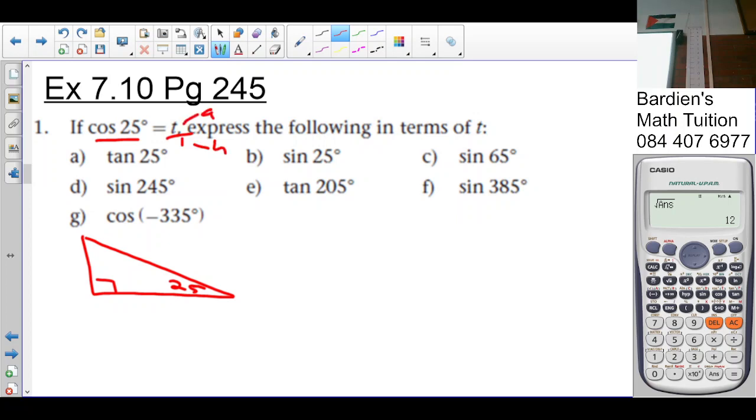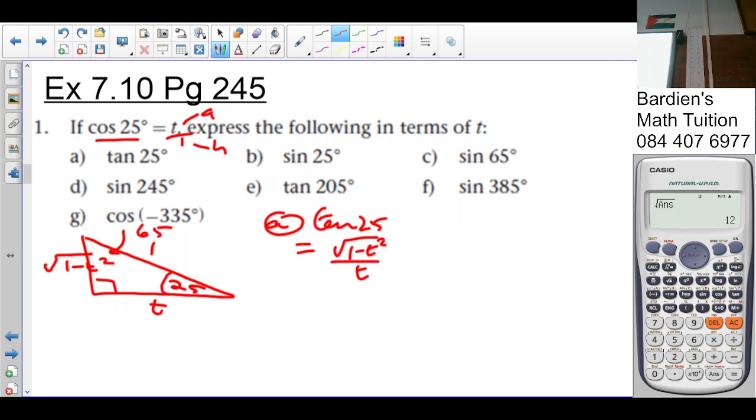So the adjacent is going to be t, the hypotenuse is going to be 1. What did this work out to be here? Square root of 1 minus t squared. What's the size of this angle here? 65. So tan 25, tan is opposite over adjacent, which is the root of 1 minus t squared over t.